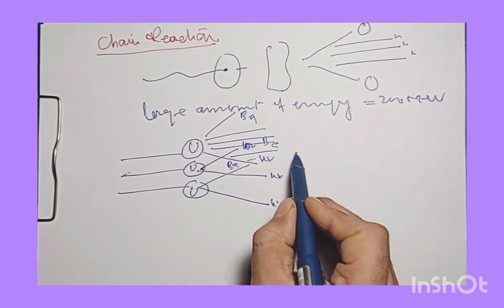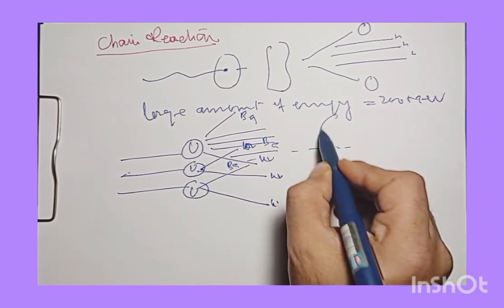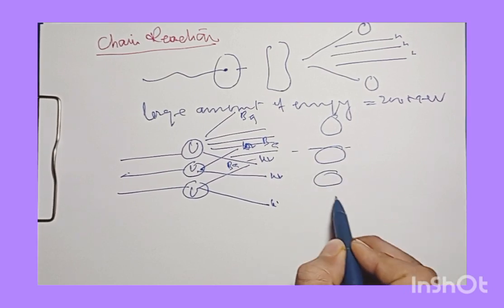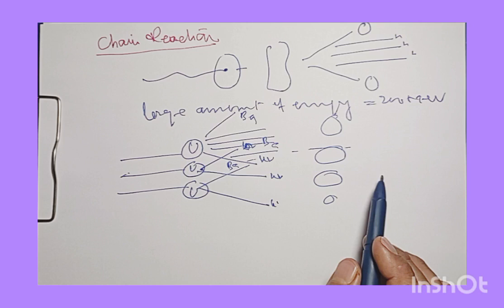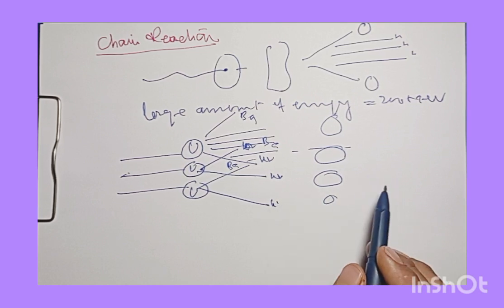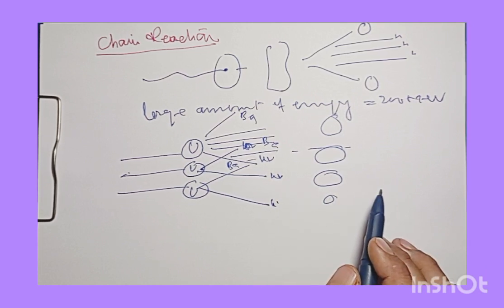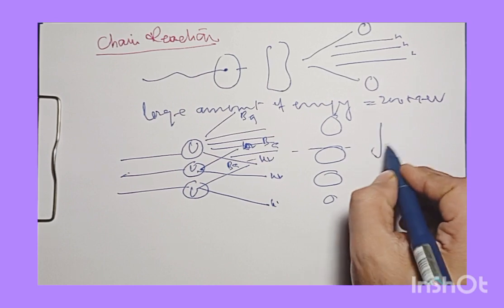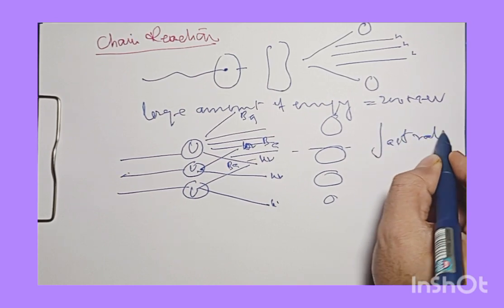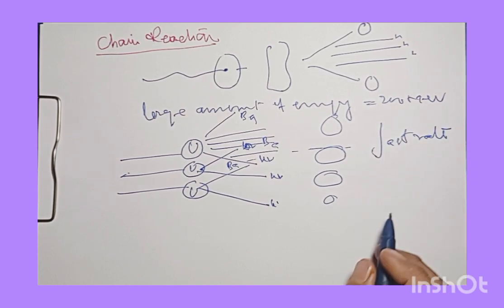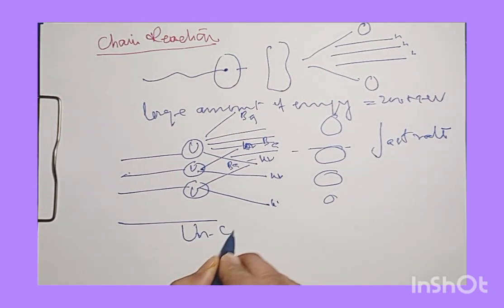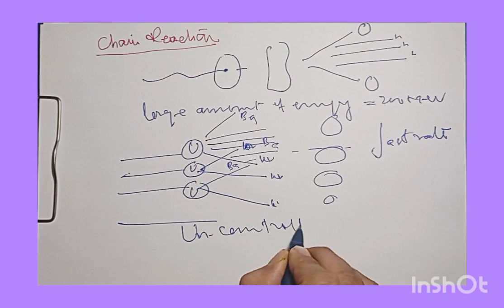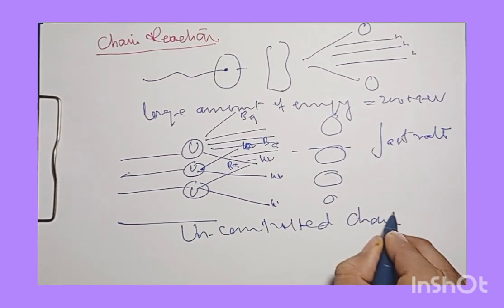Now this process can continue. They will interact with more uranium atoms, and the process continues, and the number of fissions taking place at each stage goes on increasing at a very fast rate. And this is what is called an uncontrolled chain reaction.